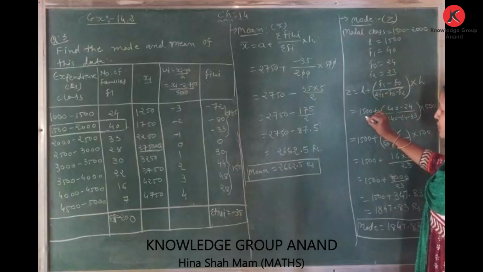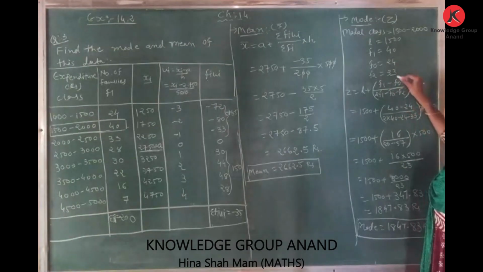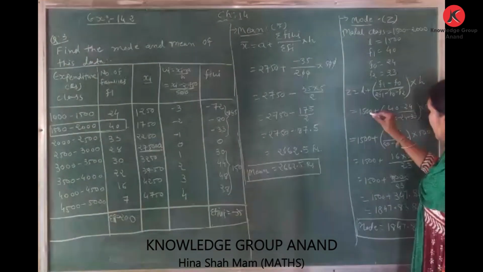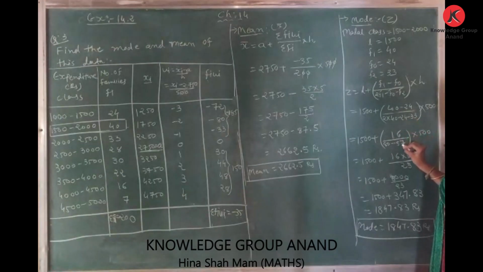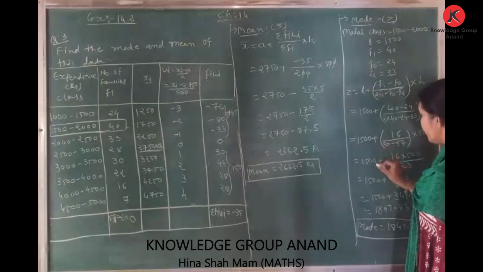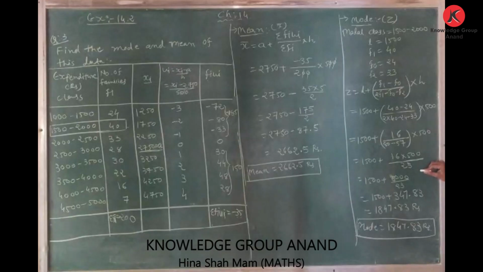Put all the values: l is 1500, 40 minus 24 upon 2 into 40 minus 24 minus 33, into 500. 1500 plus 40 minus 24 is 16. 2 fours are 80, minus 24 minus 33 is minus 57, into 500. 1500 plus 16 into 500 upon 80 minus 57, which is 23. 16 fives are 80, so 8000 upon 23 is equal to 347.83. 1500 plus 347.83 is 1847.83 rupees.